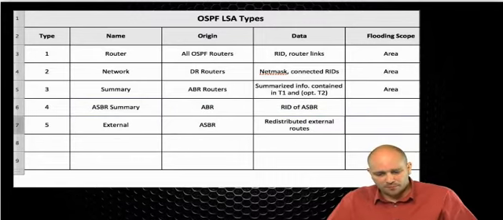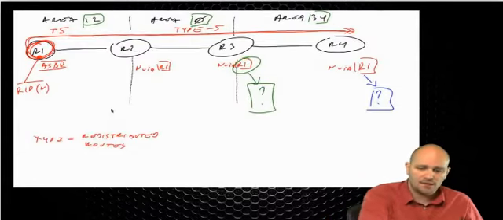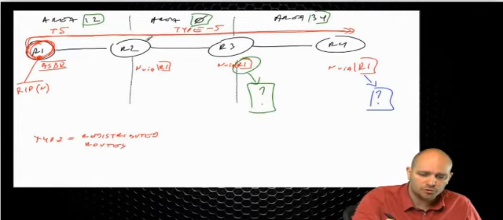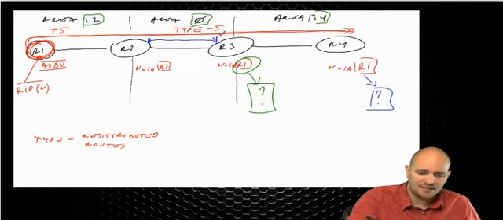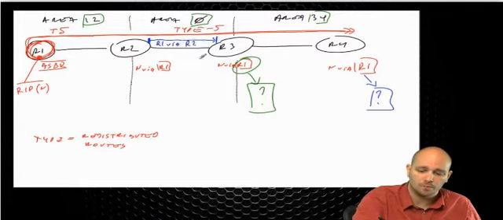The flooding scope of external LSA is the entire domain, but the flooding scope of type 4 LSA is actually an area. So the way that works is here on R2, R2 is going to generate type 4 LSA, basically telling router R3, or routers in area 0, that router R1 is actually reachable through R2.